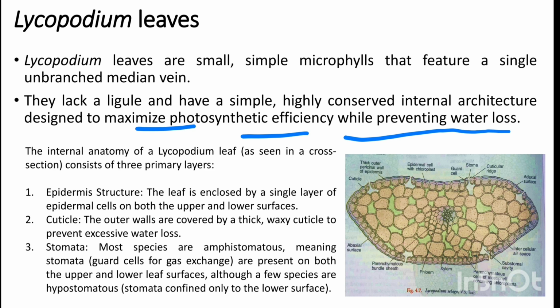The cross section reveals three primary layers. Epidermis, which is covered by cuticle. Many stomata are present on both upper and lower surfaces. So the stomata in Lycopodium are called amphistomatous. A few species show the hypostomatous condition, that means stomata confined only to the lower surface.